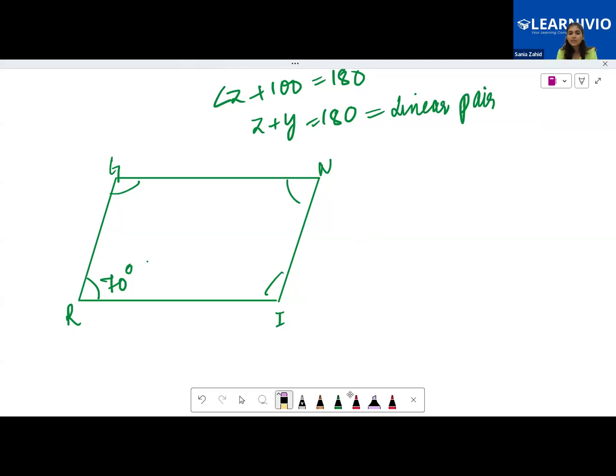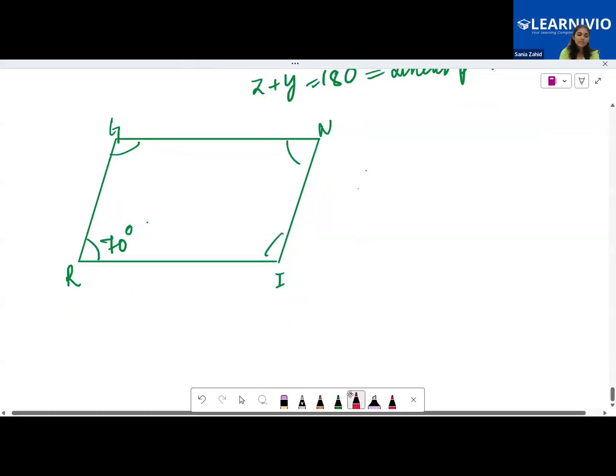So how will you find? If R is given to you as 70, what will you do? What will N be? Tell me, Amar.